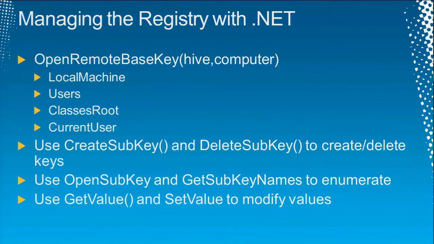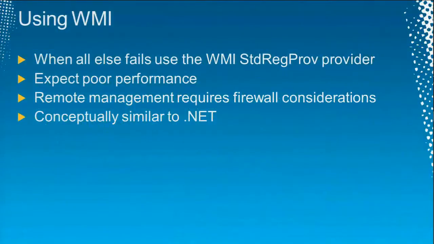But hopefully, because PowerShell version 2 is now available for XP Service Pack 3 and later, you can get rid of PowerShell version 1 and take advantage of all the cool stuff in version 2. That's why I'm showing the provider, which is the preferred way to do it, and the .NET Framework if you have no choice. And then the last way to do it is with WMI, which is really ugly.